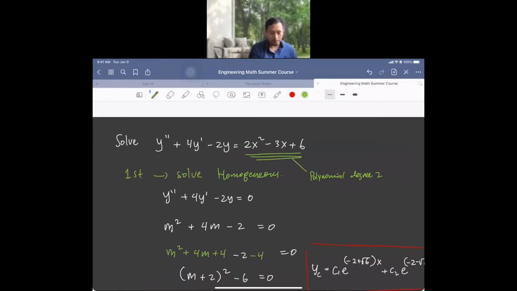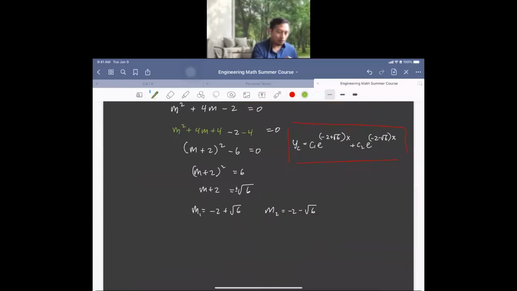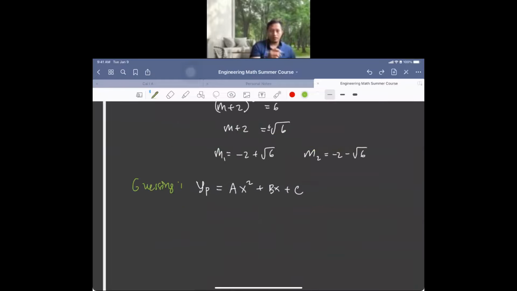So as our suggestion, we might guess that our yp is ax squared plus bx plus c, to match up with the polynomial of degree 2.